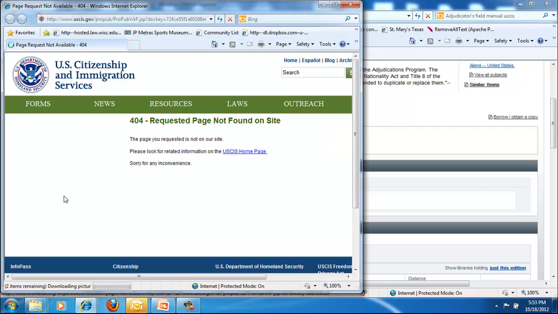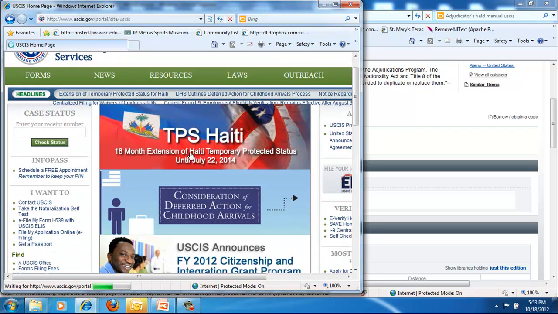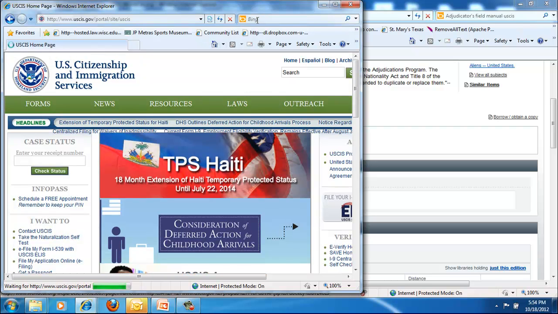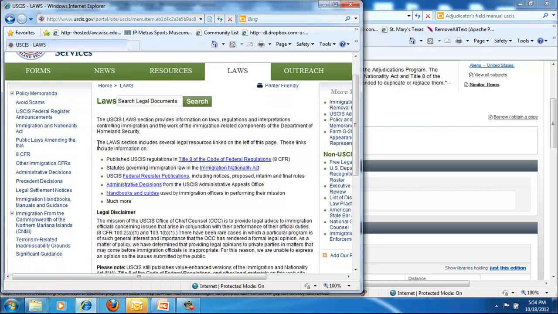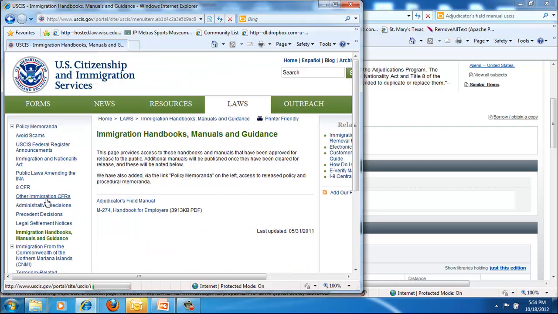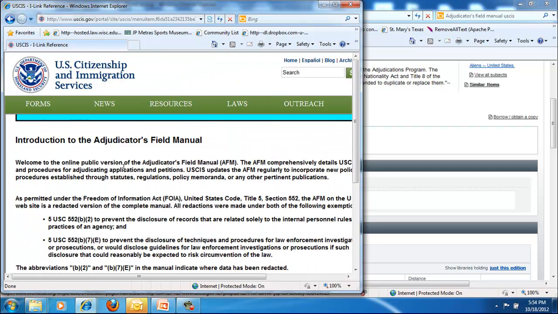And when I click over to that, it's a broken link. But I can get to it by browsing the website.